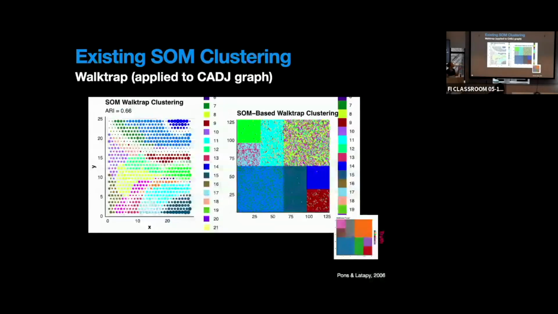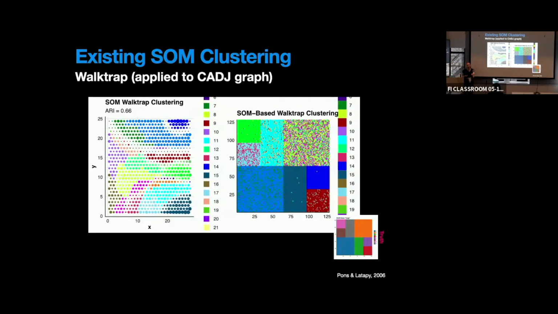Okay. So here's what happens. We take our clustering approach. Here's a self-organizing map. And what you can see from the other example is that now in that lattice, those groups became well separated. Once something is well separated, then we can cluster it using our favorite clustering approach. So in this case, it uses walktrap. Walktrap is basically what it sounds like.